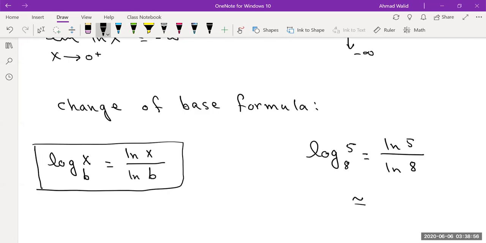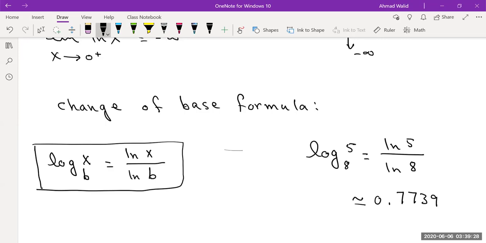If you divide those, you will end up with approximately 0.7739. Correct? But in this format, if you enter log 5 base 8, your calculator cannot calculate. But if you go this way, ln 5 over ln 8, you will end up with this number. We call this formula the change of base, which was again a review from your college algebra or pre-calculus class.